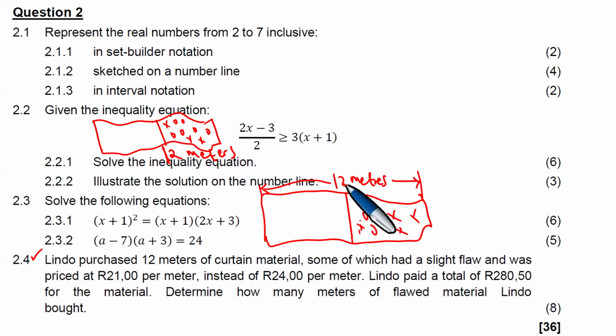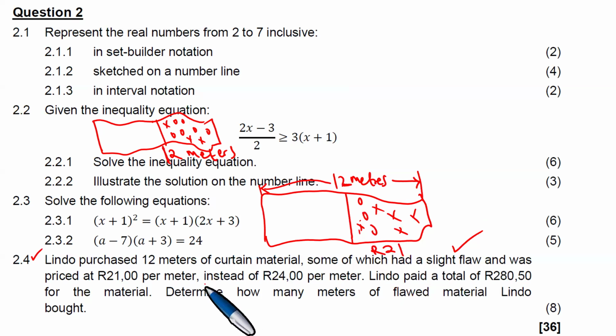So 21 rand is for the part that has holes and is flawed.